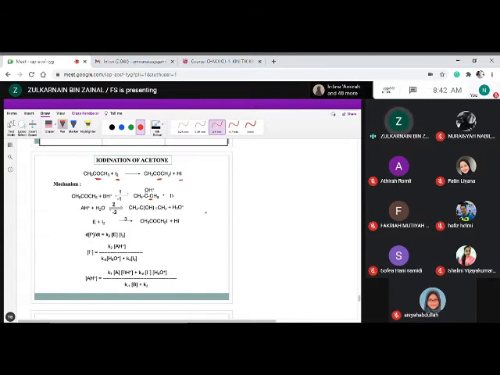Okay, and then we have H plus. What is A? A is quite confusing here, right? This one is A. Meaning that A is just the intermediate that's formed from the first reaction.